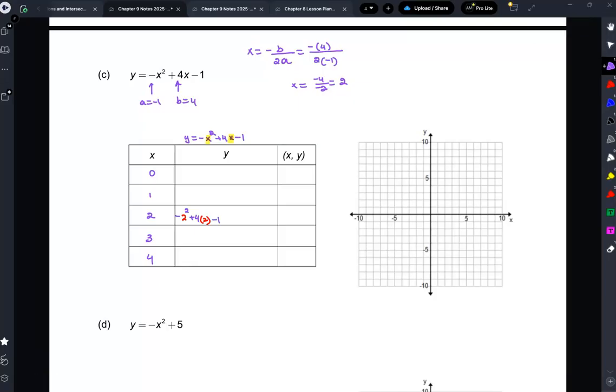Now, this negative here, this time is outside. It's not like this. If it was like this, it would have been positive 4. But the fact that it's like this, it means the square belongs only to the 2, so that will be negative 4. Okay? So here, this is negative 4 plus 8 minus 1. So that's 3. 2, 3. So now, go ahead and fill in the other ones in the column and stop before you graph.